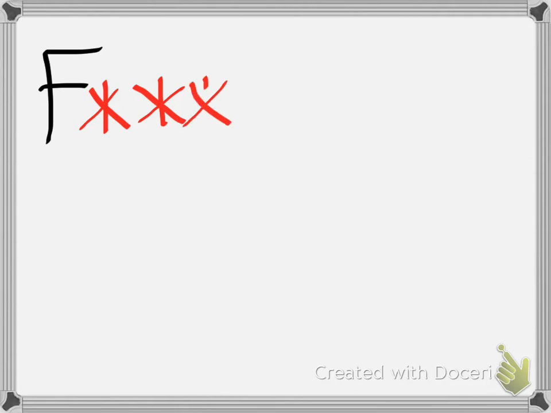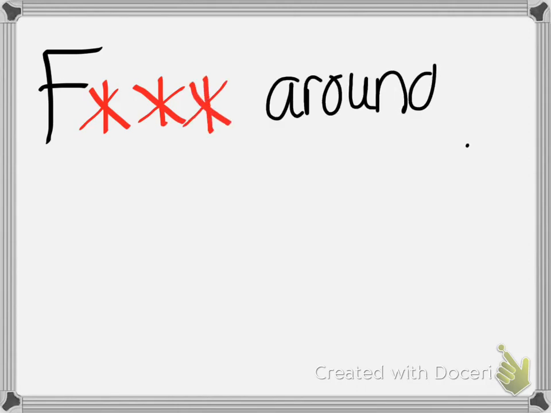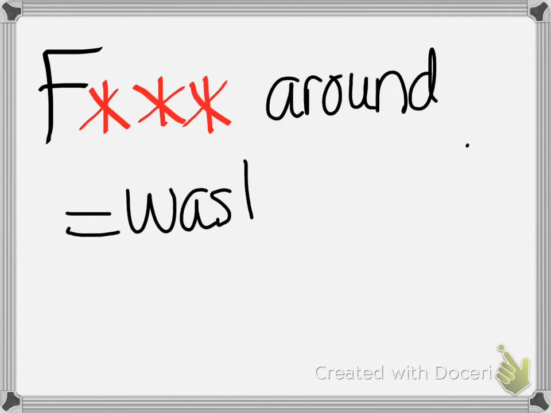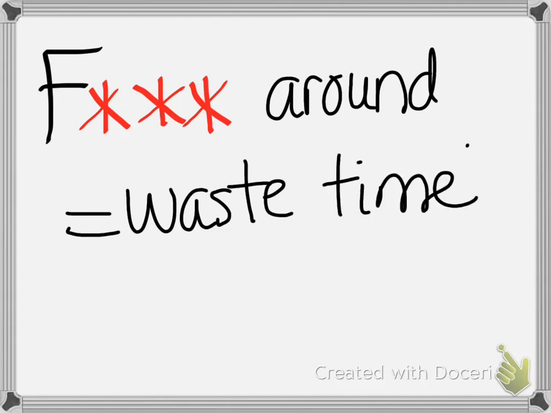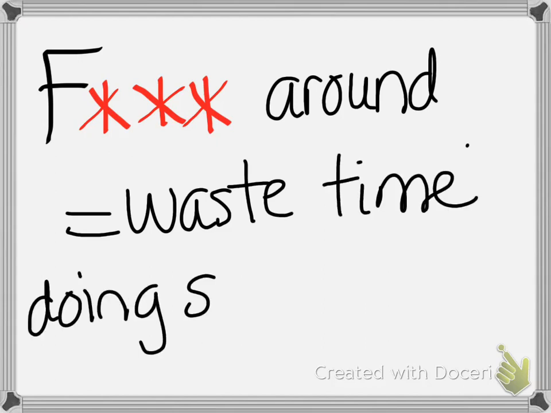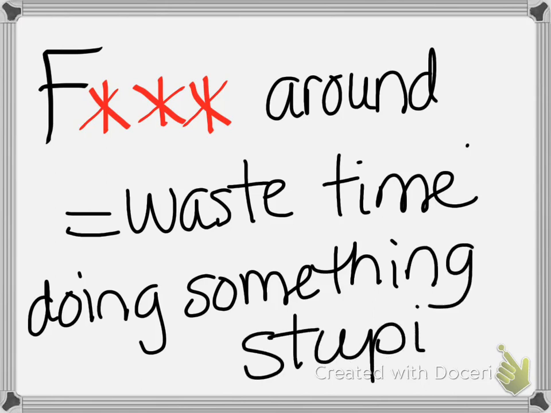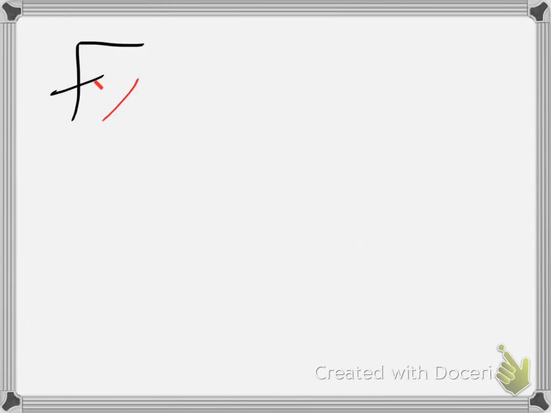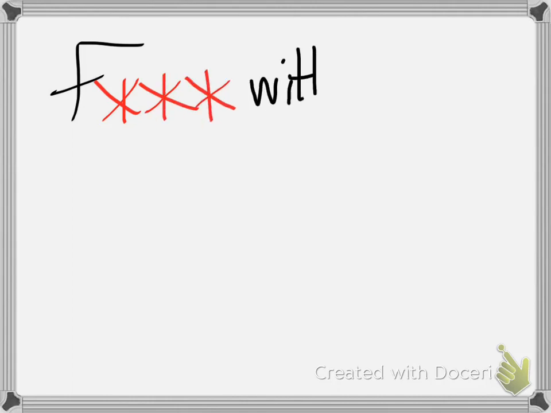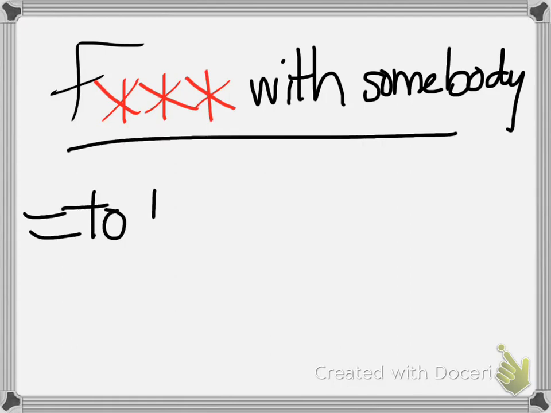If I talk about, for example, effing around, I'm talking about wasting time. It has nothing to do with sex. It's just the idea of losing time over something that's probably pretty stupid. Similarly, if I'm talking about effing with someone, I'm not talking about having sex with them.